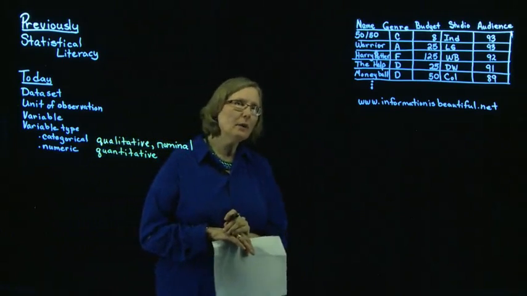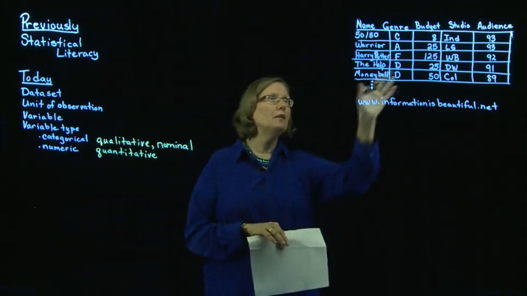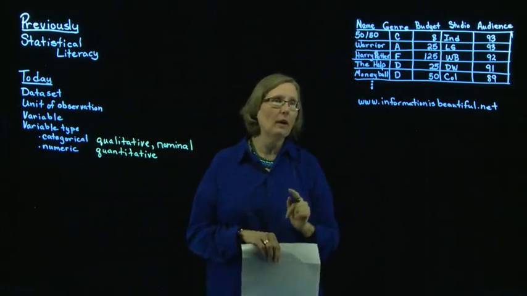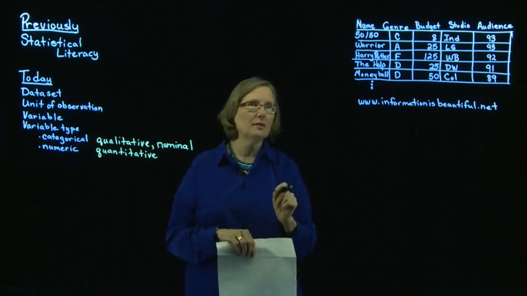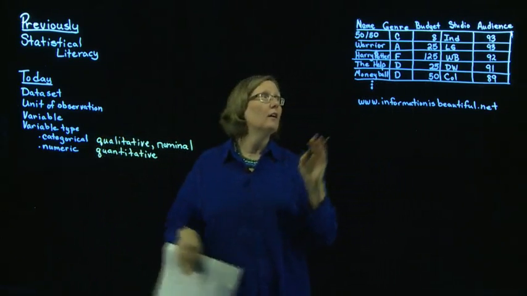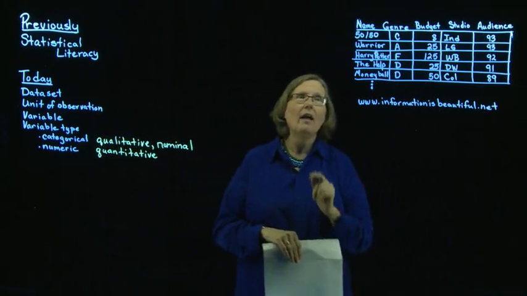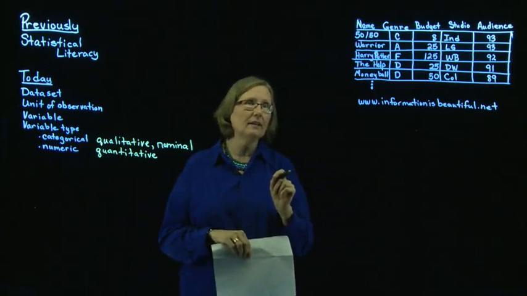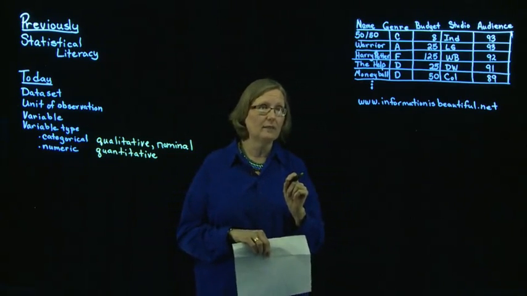It will always be important when you first open a new data set to think about the unit of analysis, what is the unit on which information was collected, and what are the variables, and are they categorical or numeric? Those 2 pieces of information are going to guide the types of analysis that you do on this data.